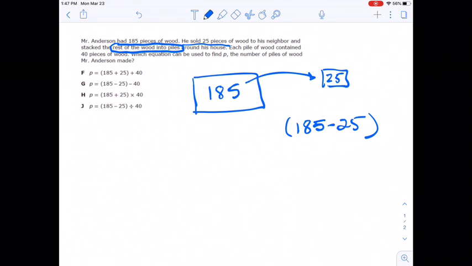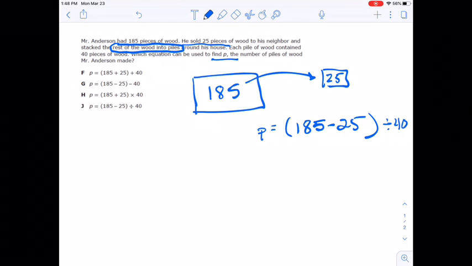We're talking about separating this into equal groups. We knew the total, we took some away, so now we still have a new total that he's stacking into equal groups. That would be division. So we would then take what was left and divide it into stacks of 40. And we're told that this equation finds P, the number of piles of wood he has.